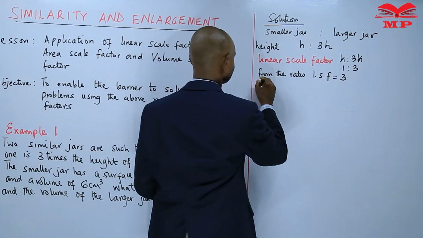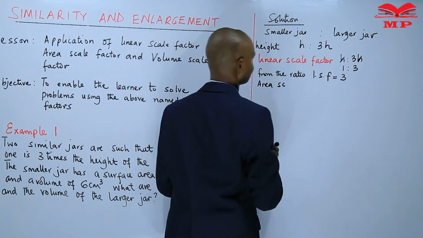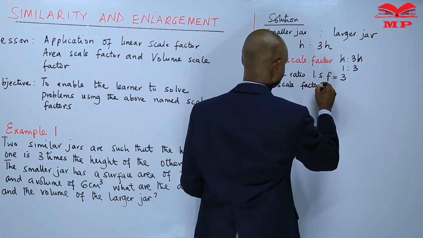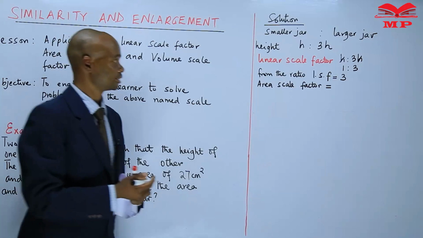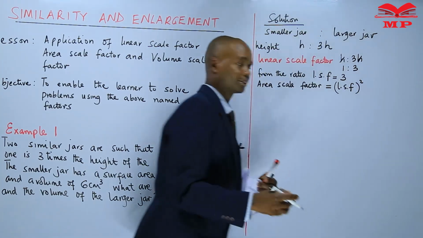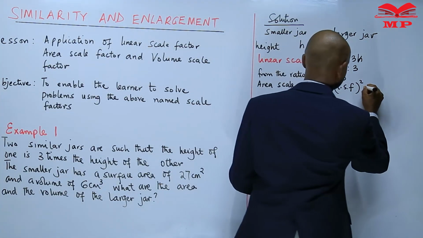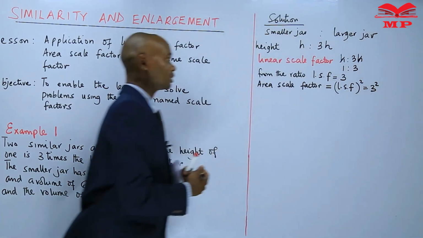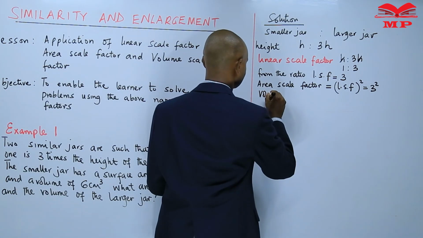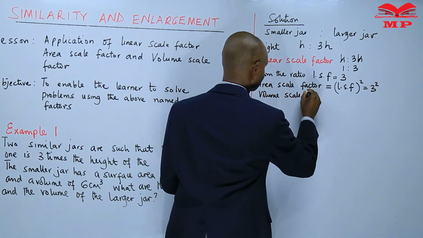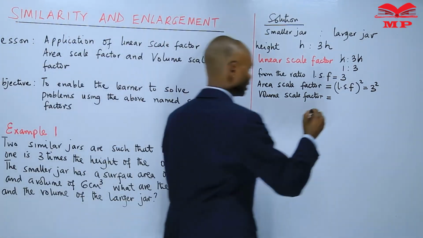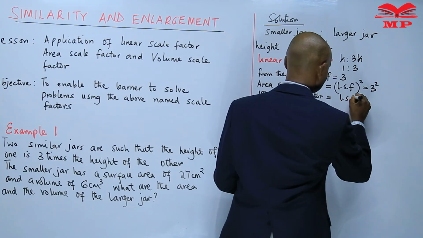The area scale factor, as we learned earlier, will be equal to the linear scale factor squared, which will be 3 squared, that gives me 9. And the volume scale factor will be equal to the linear scale factor cubed, as we learned in the other lessons.